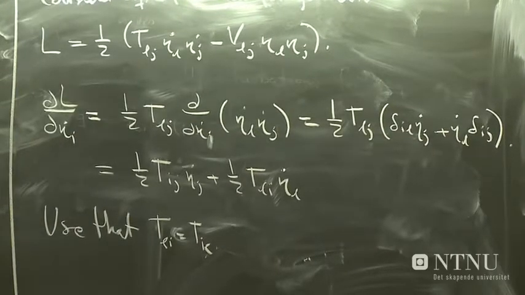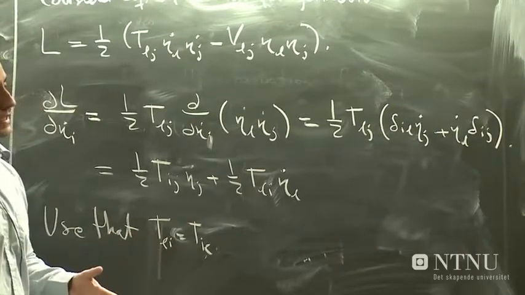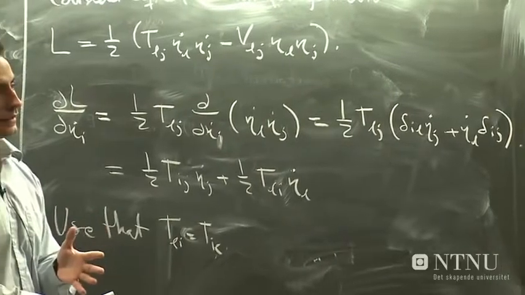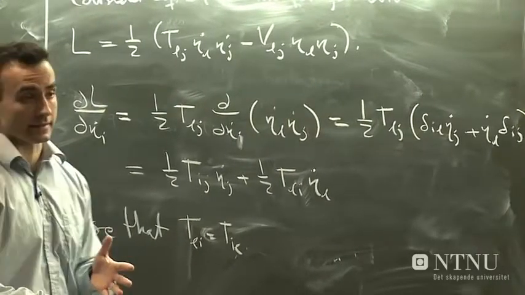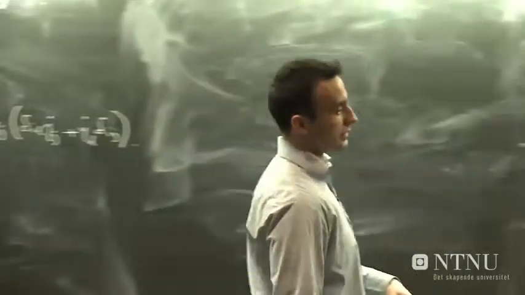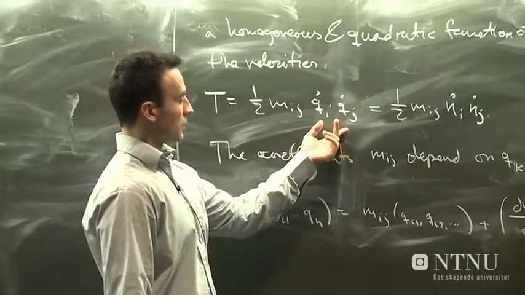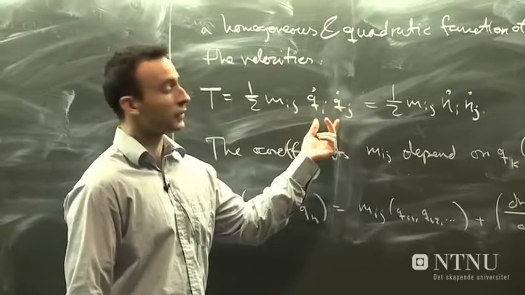So we expect that interchanging these indices in the kinetic energy, well, since these are scalars, they just commute.